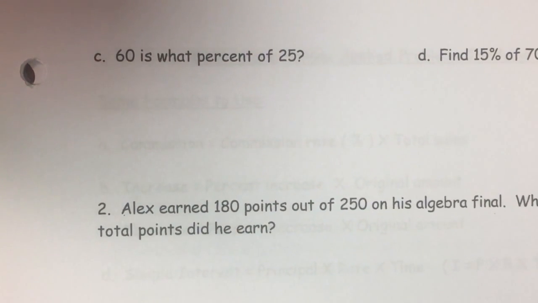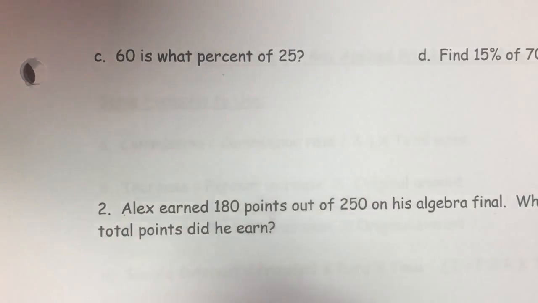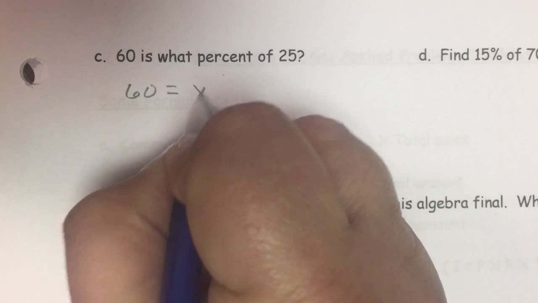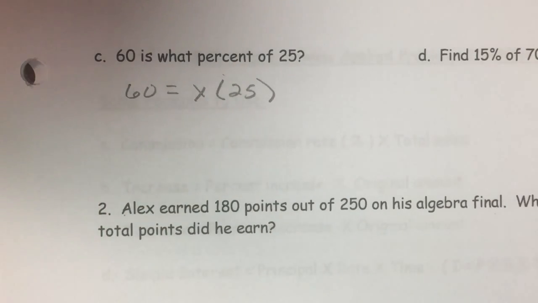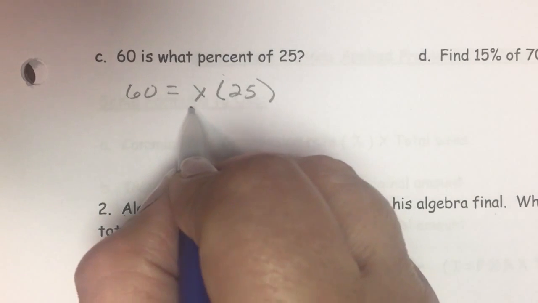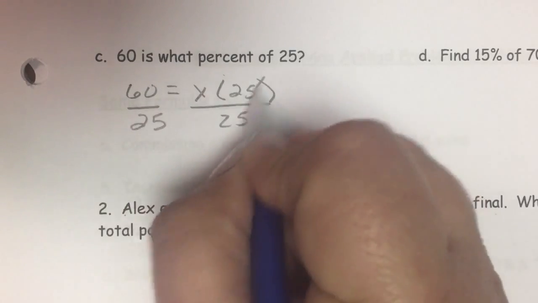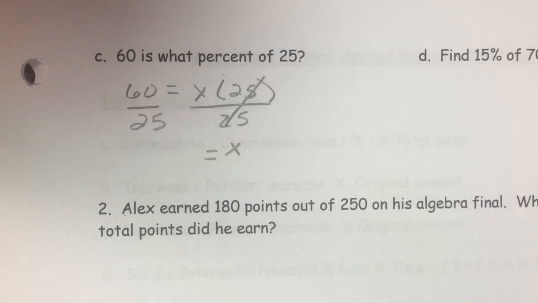Look at this one. 60 is what percent? So I'm looking for the percent here. So 60 is X percent times 25. Because remember, of means multiplication. How do I get the X alone? I'm going to divide both sides by 25. These will cancel. X is equal to, now you can pause this at any time.